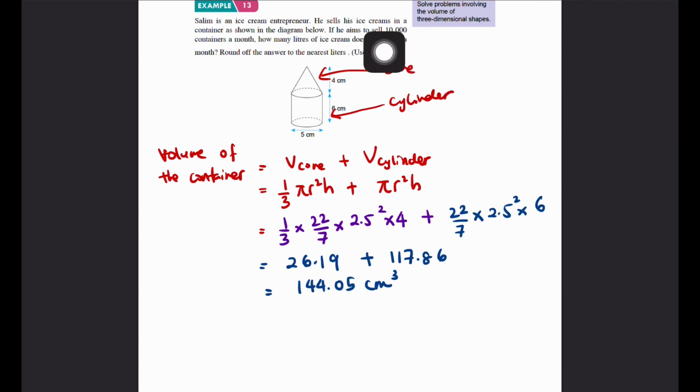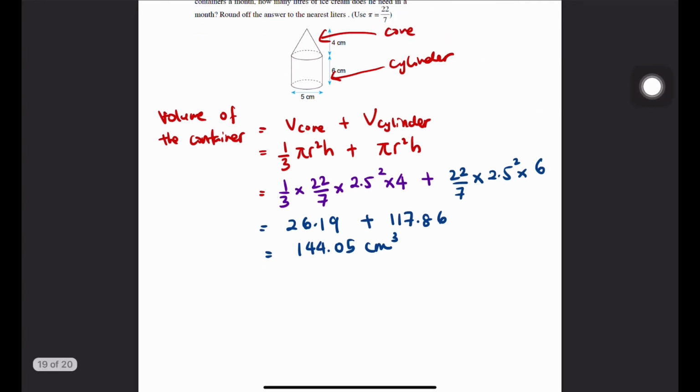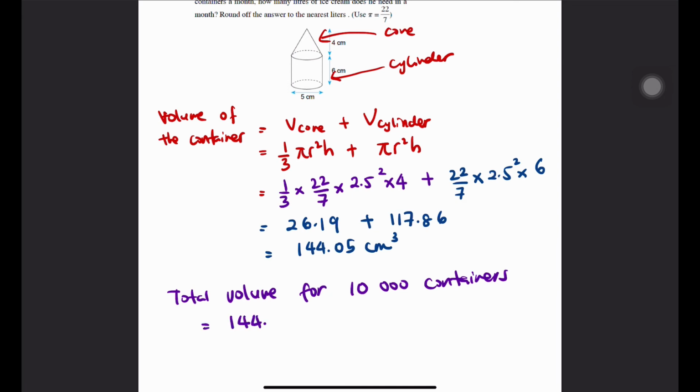Now what else? The question asks to find 10,000 containers. So the total volume for 10,000 containers is 144.05 times 10,000, which gives us the value of 1,440,500 centimeter cube.